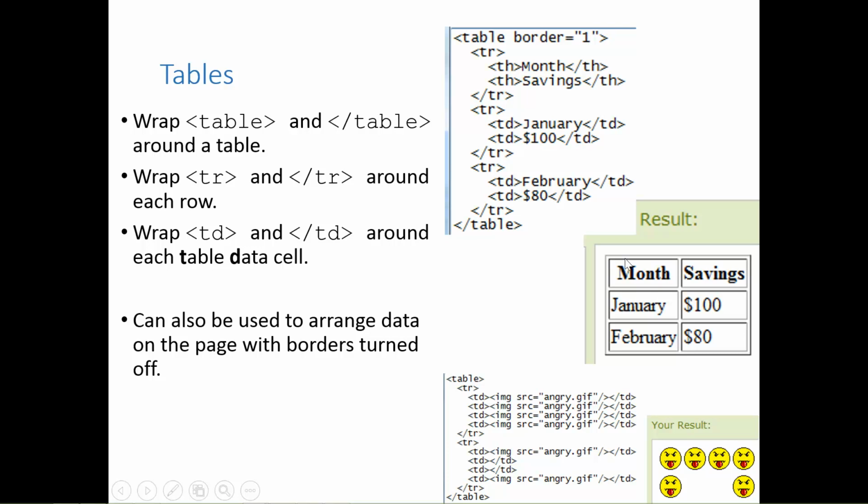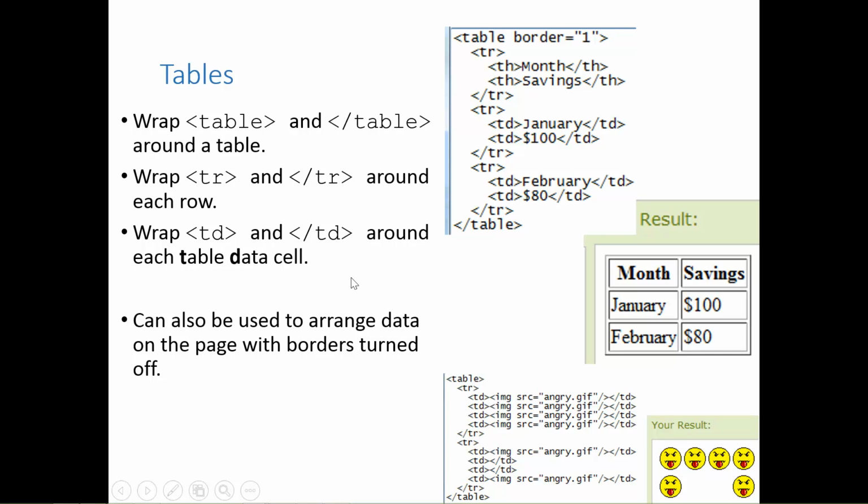And you notice the difference with TH creates these bold header looking fonts. And the TD stands for table data. Those guys, the TH or TD, are nested inside of the TR, which is again nested inside of the table.